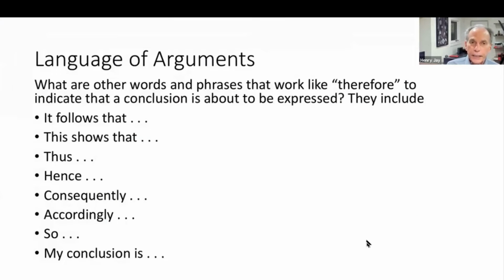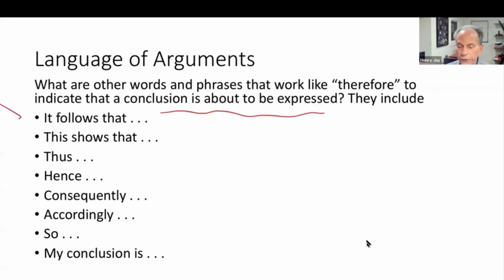This slide shows the language of arguments. We need to understand what's a premise and what is the conclusion of a sentence or a paragraph that you're listening to or reading. What is the position the person is taking? Usually there are indicators that a conclusion is about to be expressed.